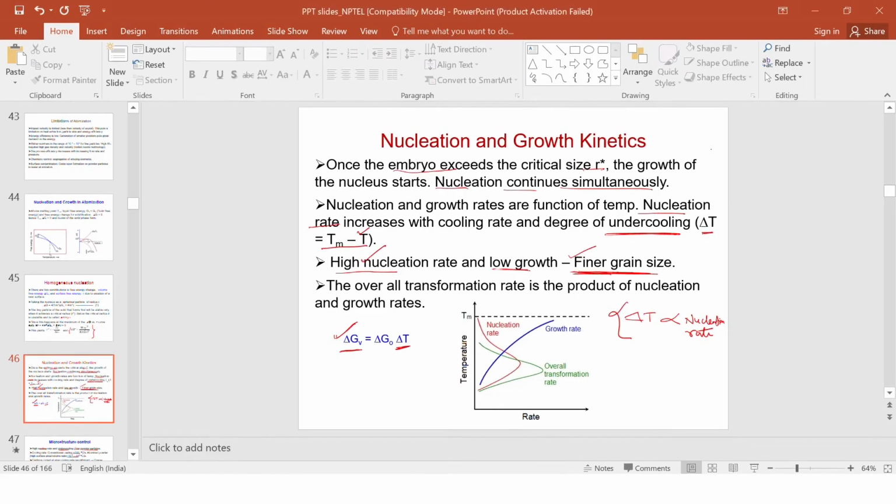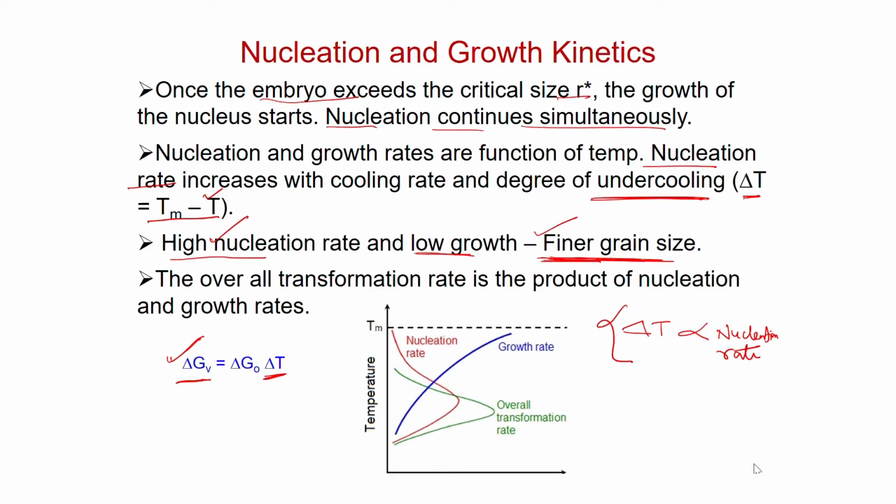You may remember this particular image that we have over here, and here you can see this nucleation rate curve, which is proportional to the undercooling delta T. Okay.